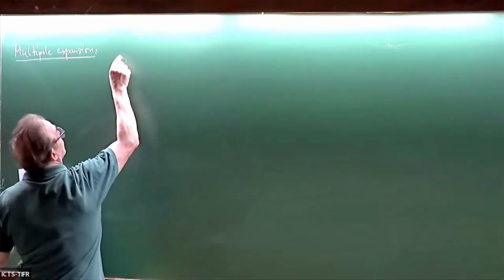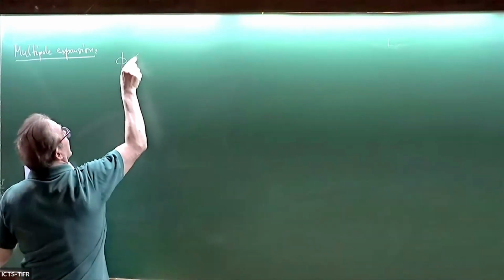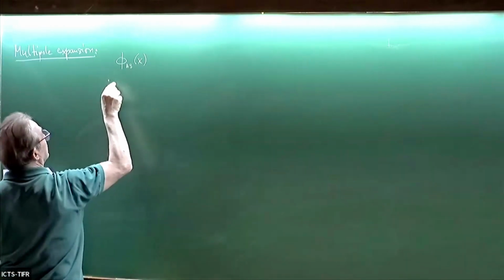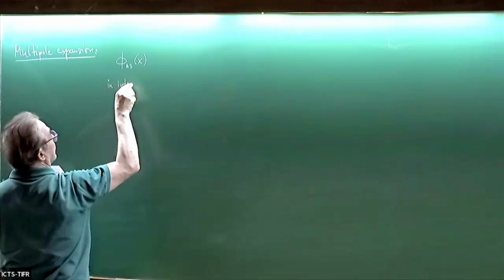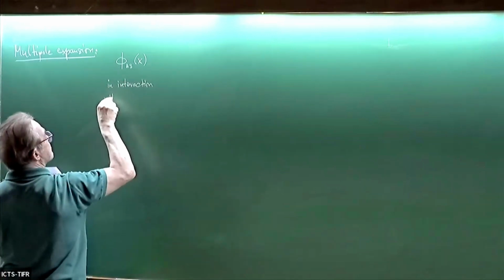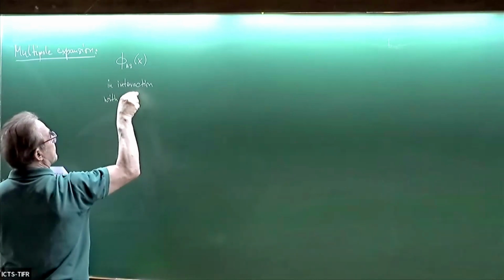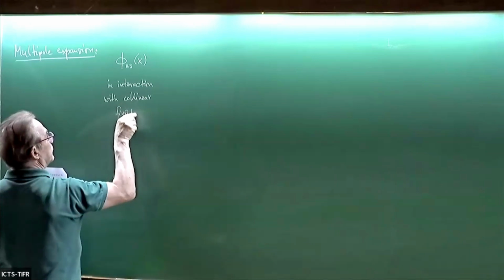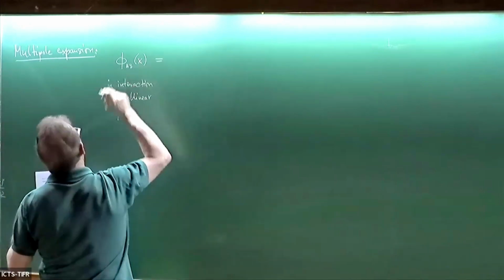I want the plus component of the ultrasoft momentum. I can do the following trick. If I have an ultrasoft field at position x in interactions with collinear fields, only in interactions with collinear fields, I can do an expansion of the argument x.